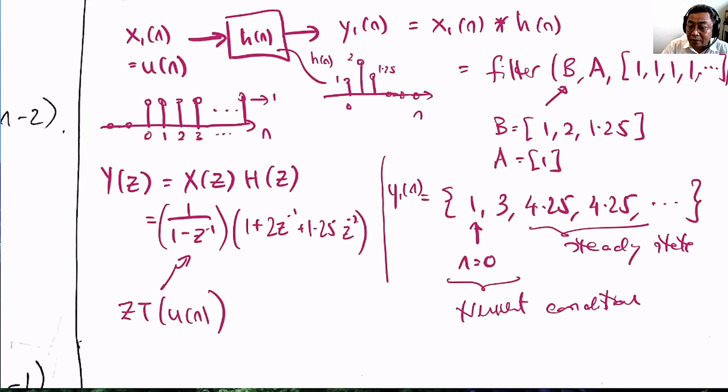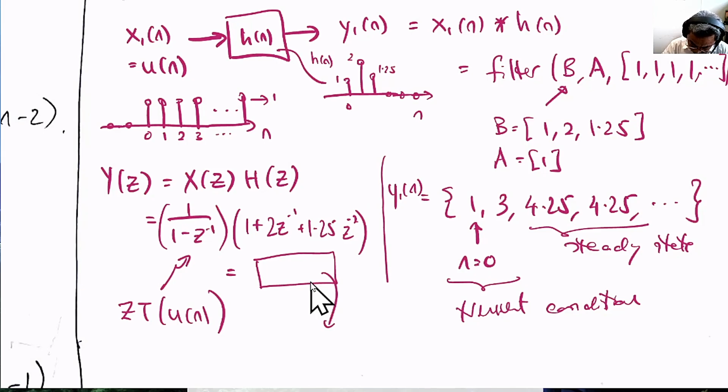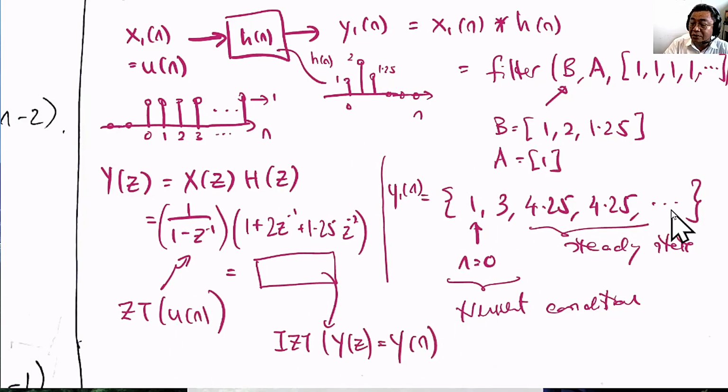You write the z transform of the unit step, which is 1 over 1 minus z to the power of minus 1, times H(z), which was what we had just now, and then you calculate this polynomial of z to the power of minus 1, which is quite hard to find, and then you do the inverse z transform of Y(z) to get y[n], and you realize that this will pop up. So by using the z transform, we get the transient condition as well as the steady state.